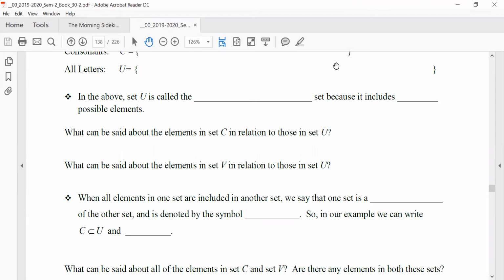What can be said about the elements in set C in relation to those in set U? I'm going to say that all of C, and the keyword there is all of C, is inside or contained in U.